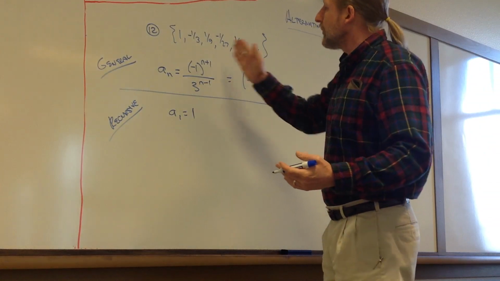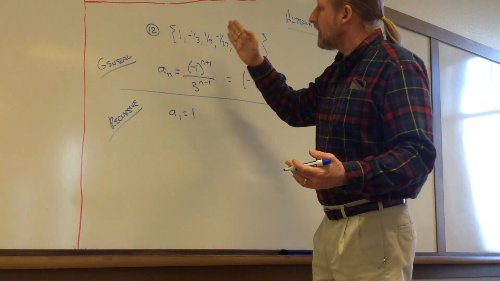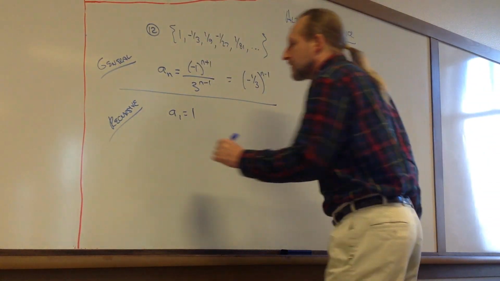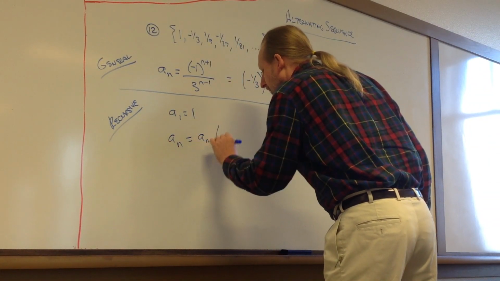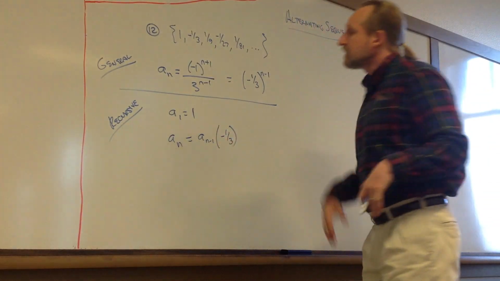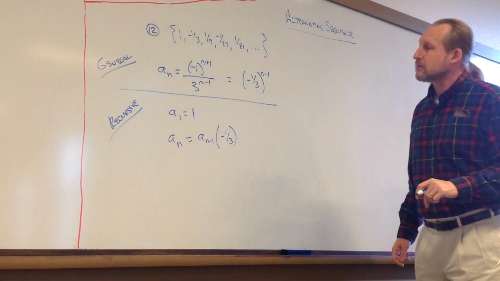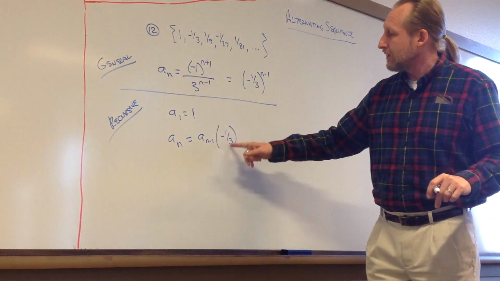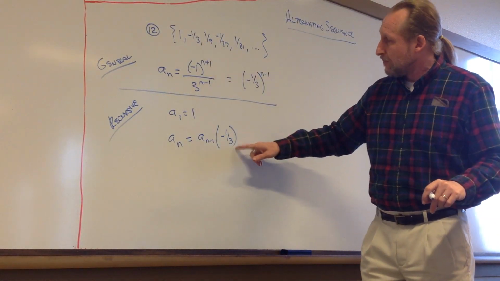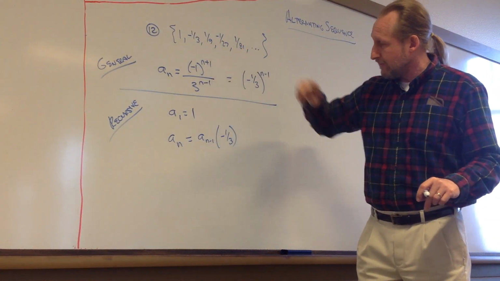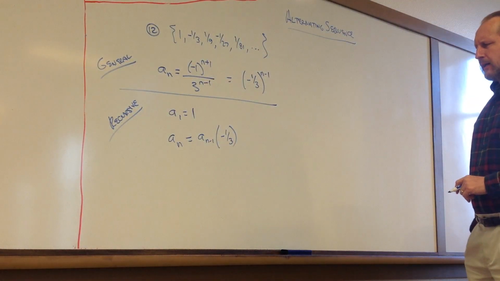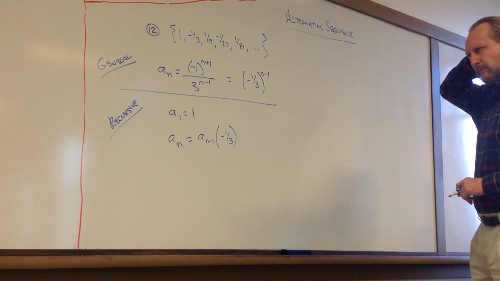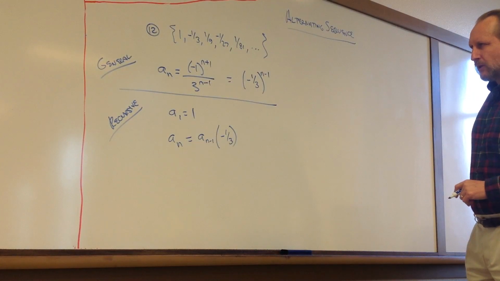Each term is going to be the term before it times some kind of constant multiplier. So a sub n is going to be a sub n minus 1, in this case, times -1/3. So you multiply the 1 times -1/3, it'll give you that. Multiply this times the -1/3 to give you positive 1/9, and so on. I think that's all we need to worry about for this one.